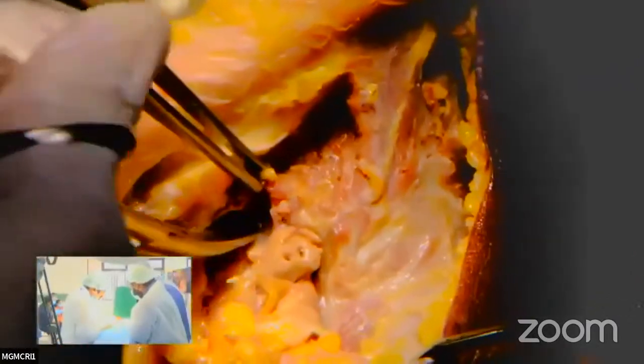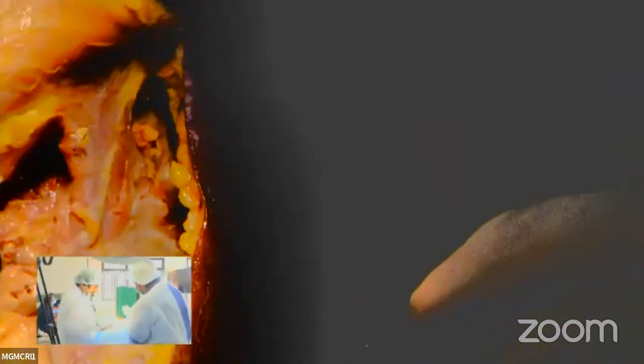Once you do this, you identify the border of the mylohyoid. This is the border of the mylohyoid. Take a retractor, doctor. Okay. This is better. Good.